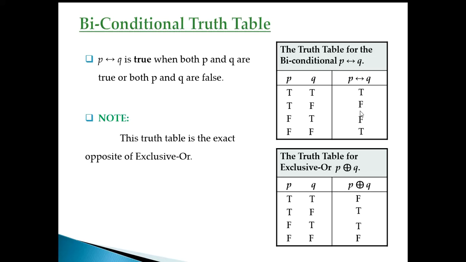So you can see this is just the opposite of this. If this is true, this is false; this is false, this is true. So we can say that P biconditional Q means the negation of P XOR Q. Clear?